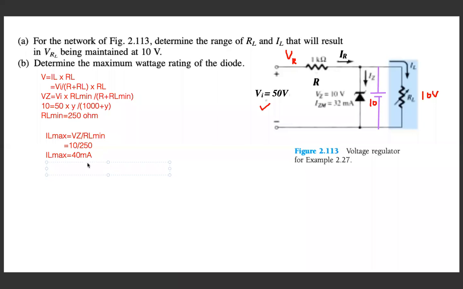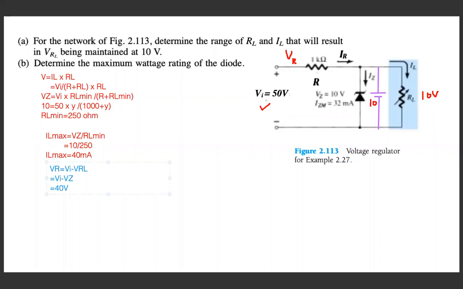VR, Sir, 40. Yes, VR will be simply equal to VI minus VRL भी लिख सकते हो आप, या फिर VI minus VZ भी लिख. ठीक है, so this comes out to be 40 volt.